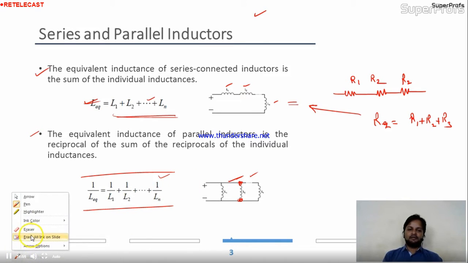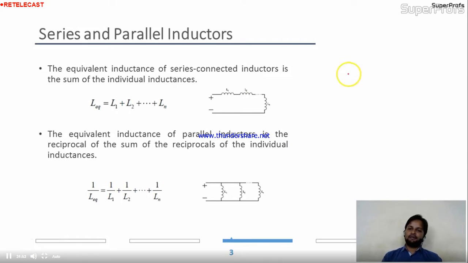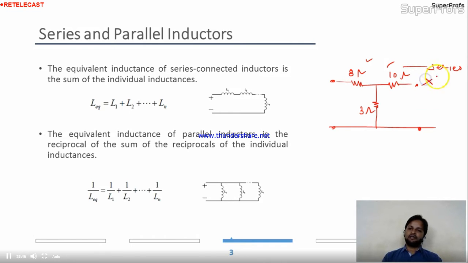Again, I'm telling you one thing. Mostly people, suppose in the circuit two resistances are connected, 8 ohm, 10 ohm, and in between them 3 ohm is connected. So by mistake, some people will take this 8 and 10 as connected in series. Are they connected in series? No, they are not connected in series.